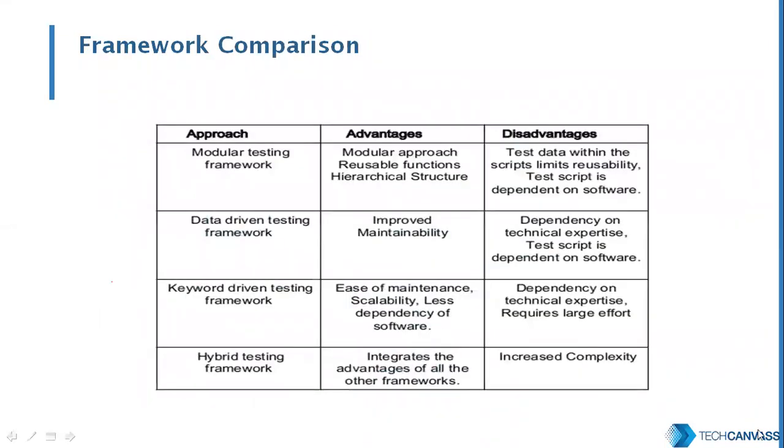Hello. Yeah, please go ahead. So if we talk about modular framework and data-driven framework, is there any object repository difference between these two? Because in data-driven, we have a separate object repository placed in our framework, and we need to refer to that to find the locators and store various other components of the application.